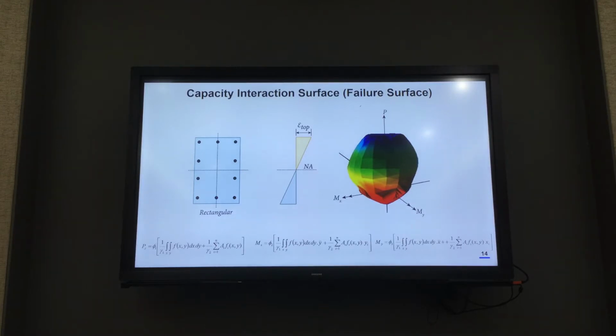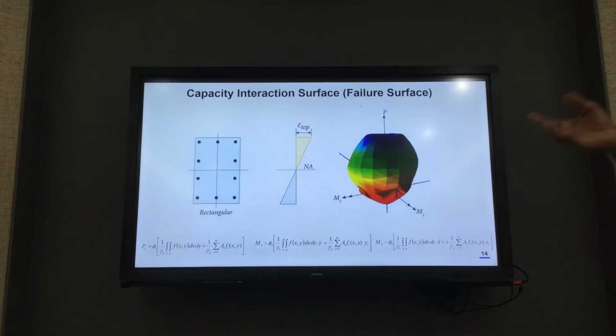Why is it artificial? Because it corresponds to dead load multiplied by 1.4, live load multiplied by 1.6 or 1.7. Why would dead load be increased by 40%? Why would the live load be increased by 70% in reality? Cannot be. Live load is live load, dead load is dead load.